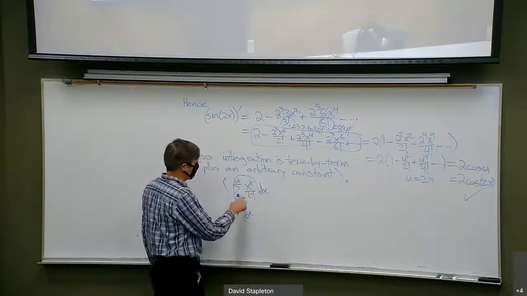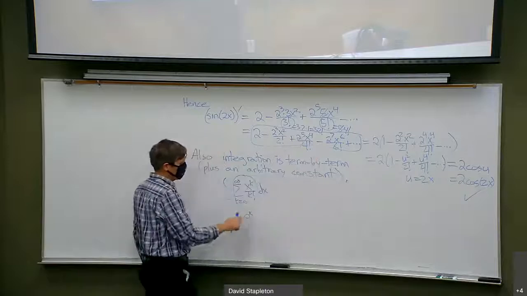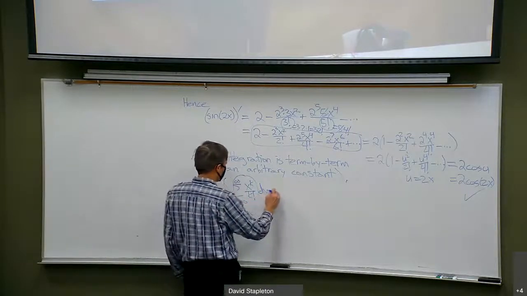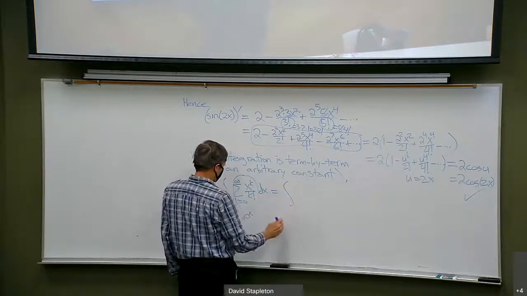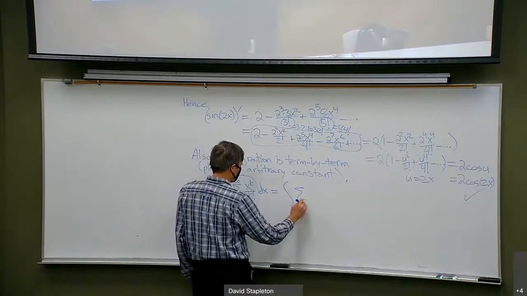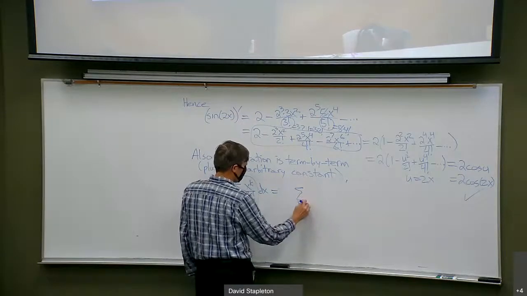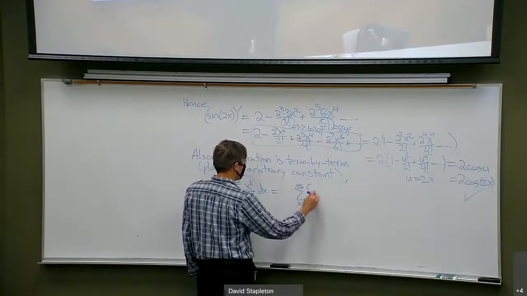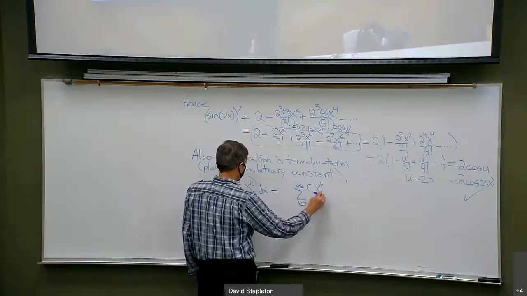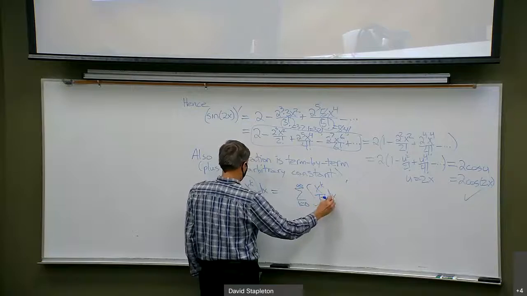I did it taking it out of sigma notation before. I'll do it in sigma notation this time. You can do it either way. Also, this is the integral term by term. We'll integrate it term by term. It's sum k equals 0 to infinity, integral x to the k over k factorial dx.